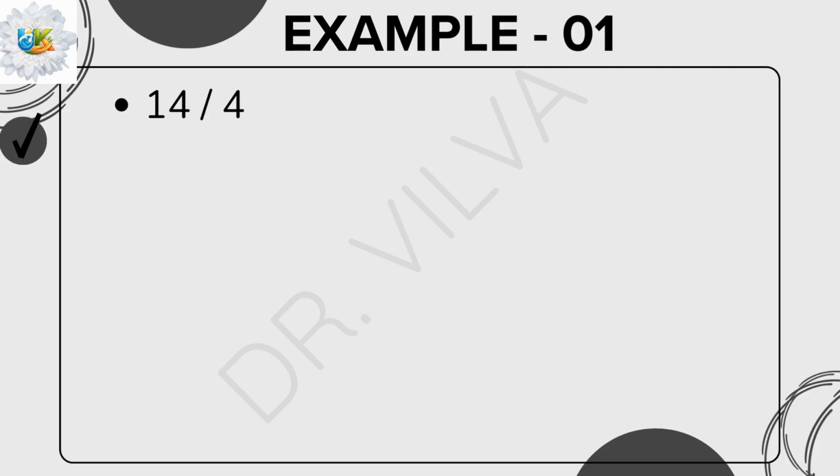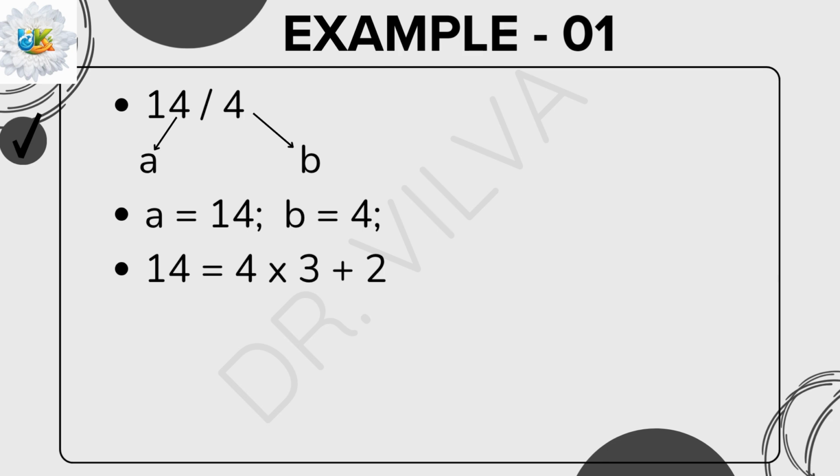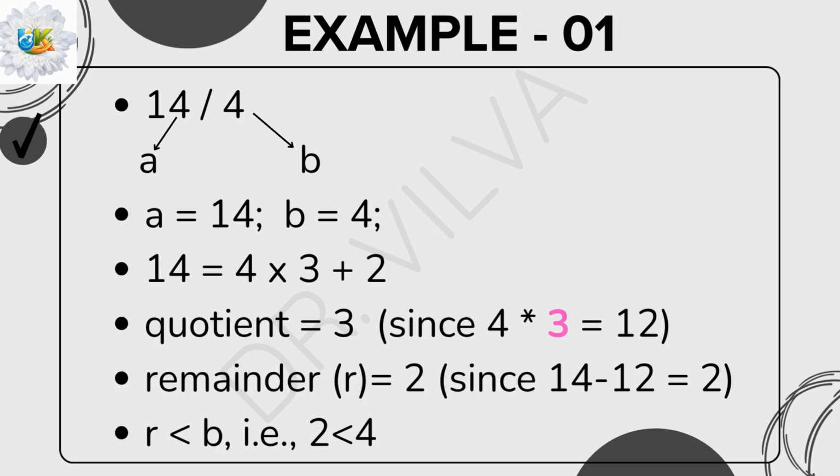Let me fix that with an example, Vrinda. For example, 14 is divided by 4. Here, a is 14 and b is 4. You can write 14 as 4 times 3 plus 2. Where did the 3 come from?